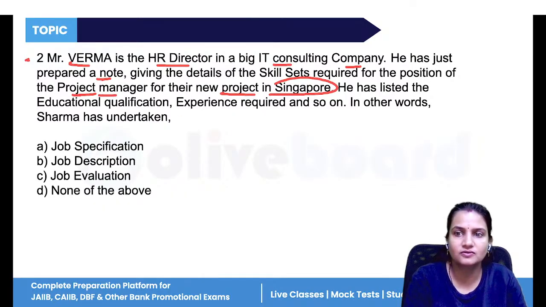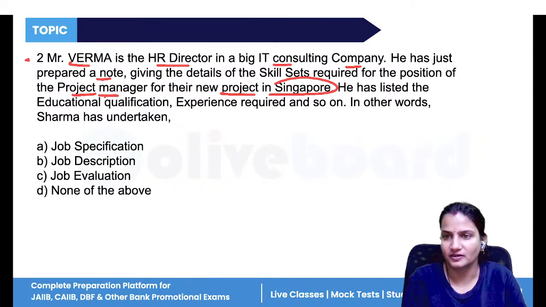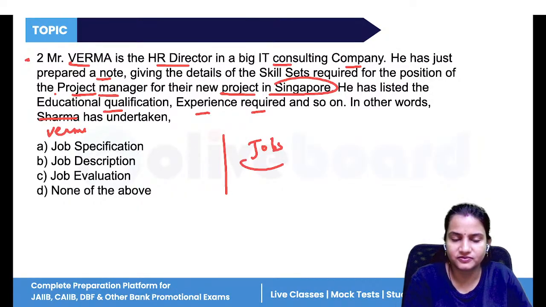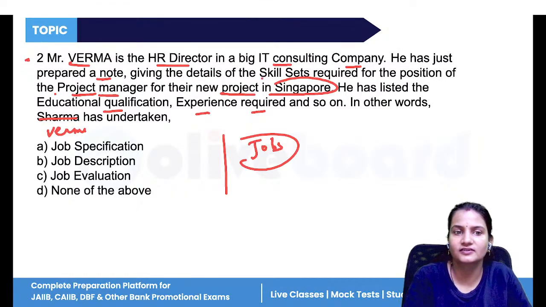So we need to hire a project manager. Now, what are the skills required for this position of project manager? He has listed educational qualification, experience required, and so on. Now, among all these different types of job documents, which one specifies the skills?